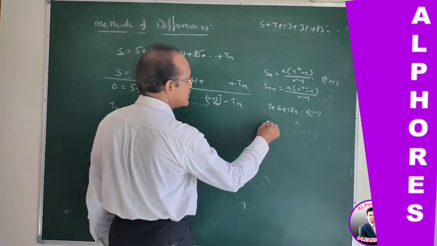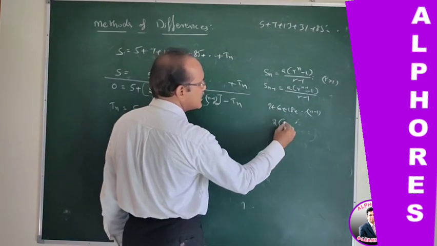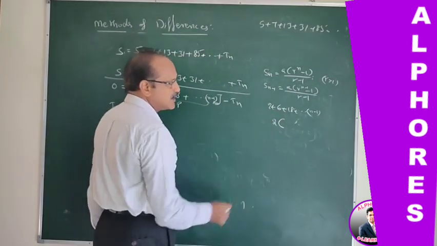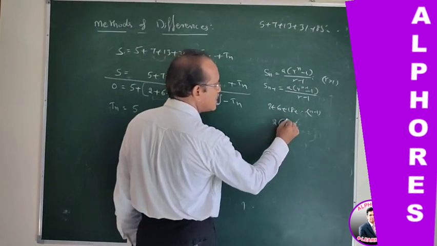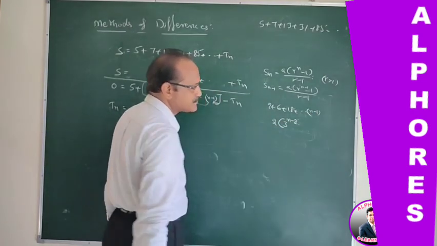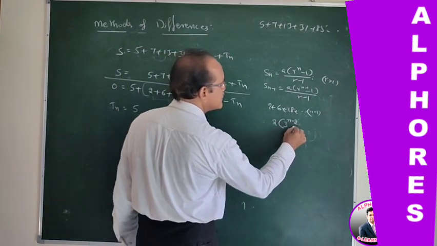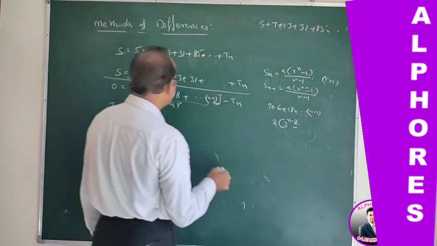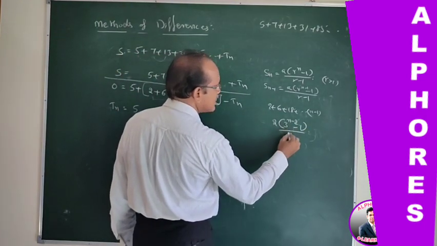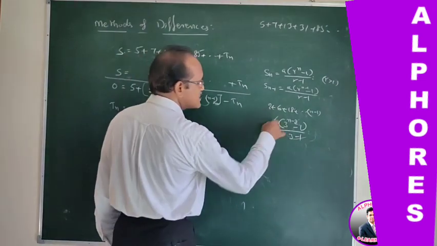Here for this series, a is 2 and the common ratio r is 3, since 6 by 2 is 3. So it is 3 power n minus 1 minus 1, divided by 3 minus 1, that is 2. The 2 gets cancelled.